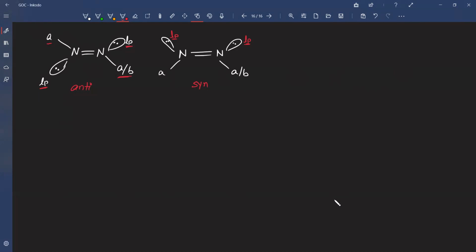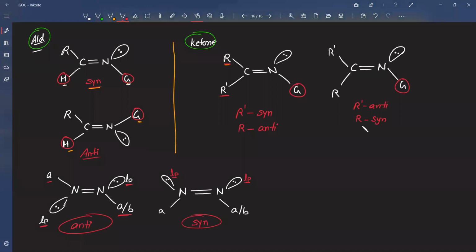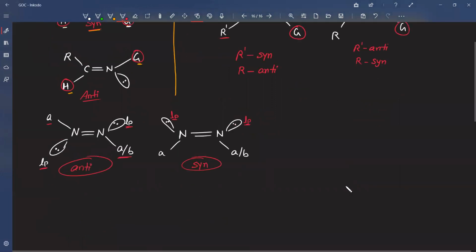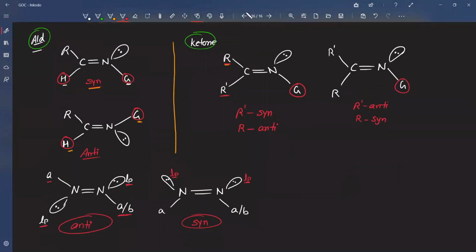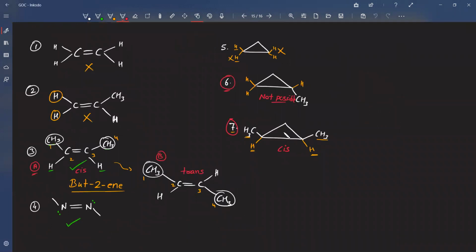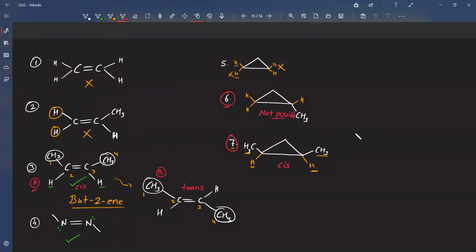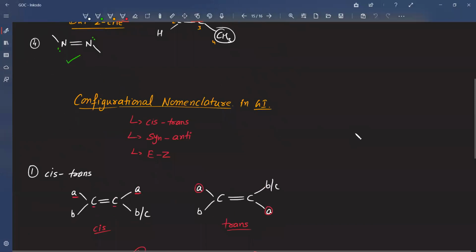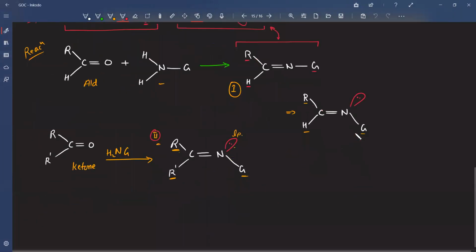Is this scheme of orientation nomenclature clear? Okay, so there are two places where you will find syn and anti configuration. That is carbon double bond nitrogen or nitrogen double bond nitrogen. There is one case where you will find cis and trans. That is when there is a carbon double bond carbon or there is a ring.